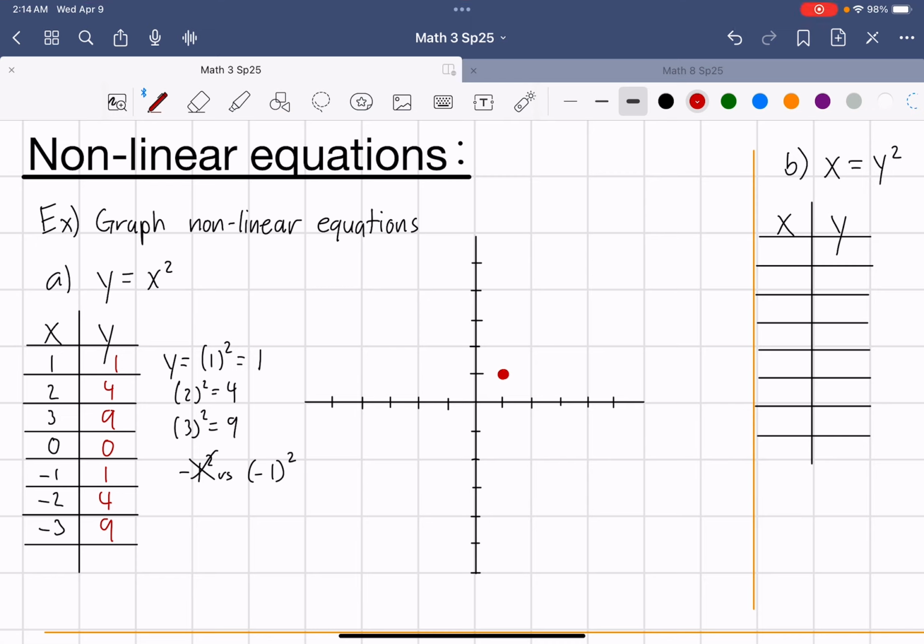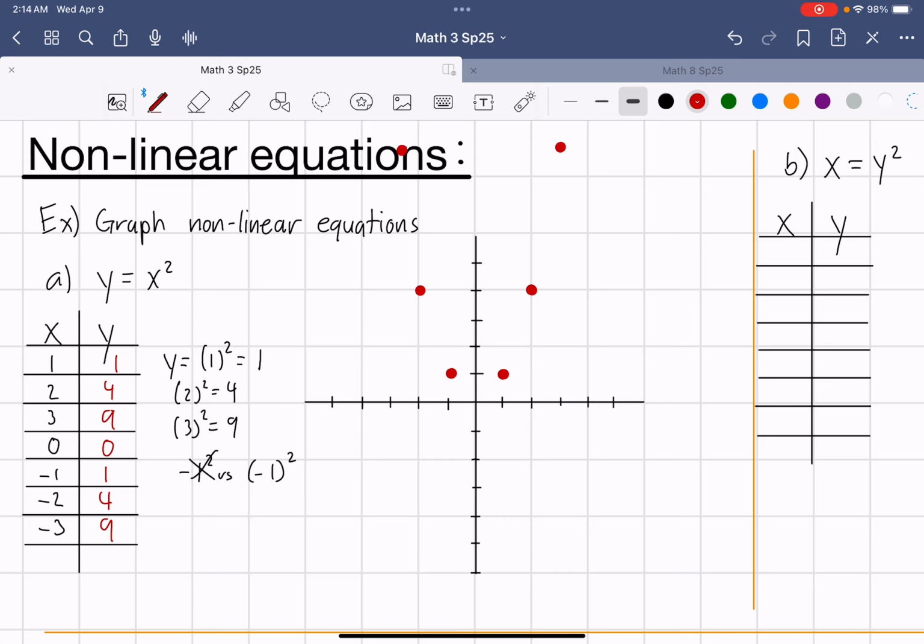I'm going to have a point at 2 and 4. Have a point at 3 and 9, which would actually be 2, 4, 6, 8, somewhere all the way up here. Negative 1 and 1, negative 2 and 4, and then negative 3 and 9, which is somewhere up here.